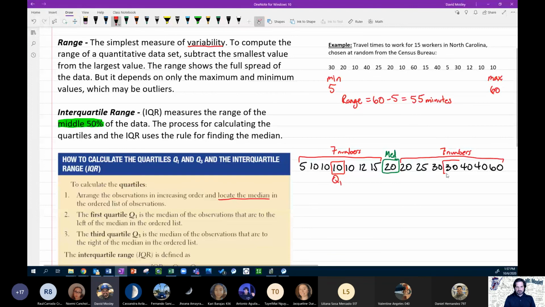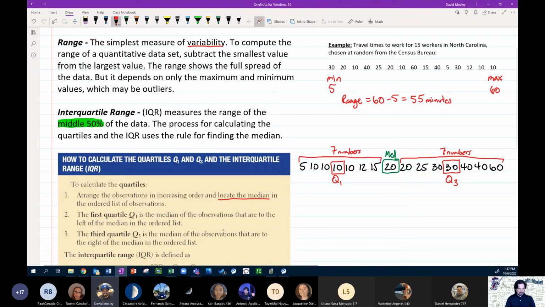We then have the middle number of the other 7 numbers, 3 numbers to the left of it, 3 numbers to the right. This is called Q3. The reason it's Q1 and Q3 is because the median is technically Q2, we just call it the median. So we found Q1, Q3.